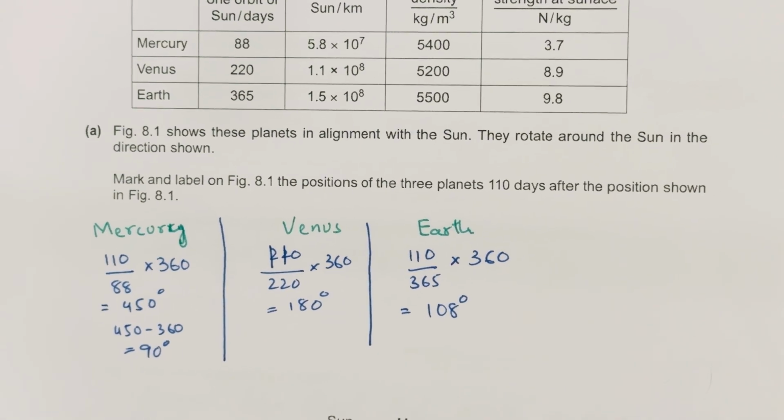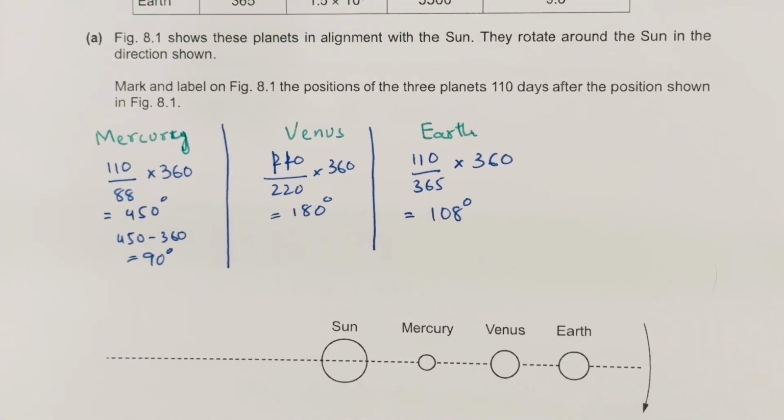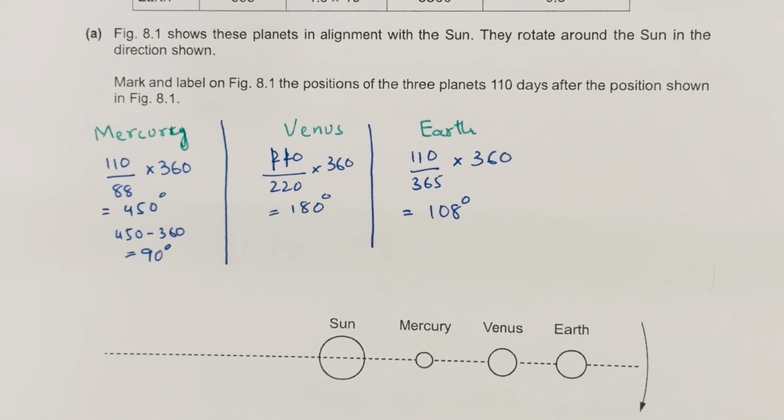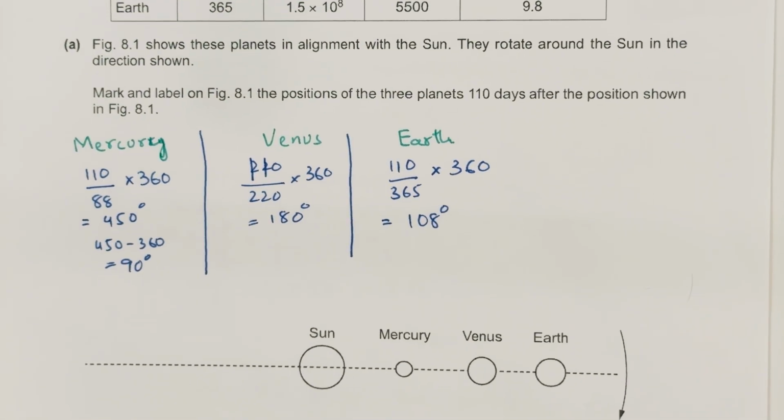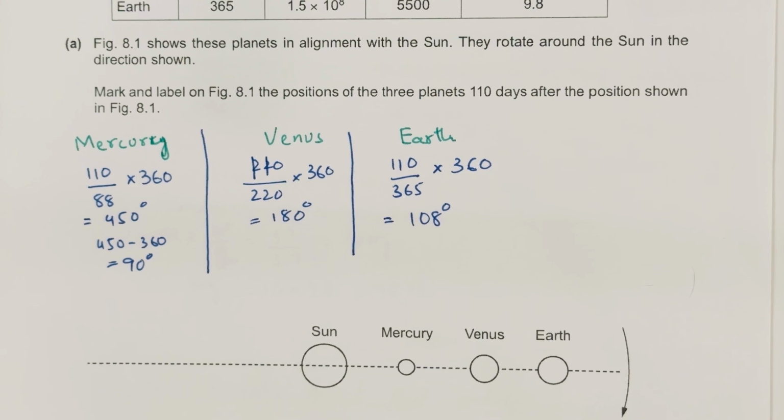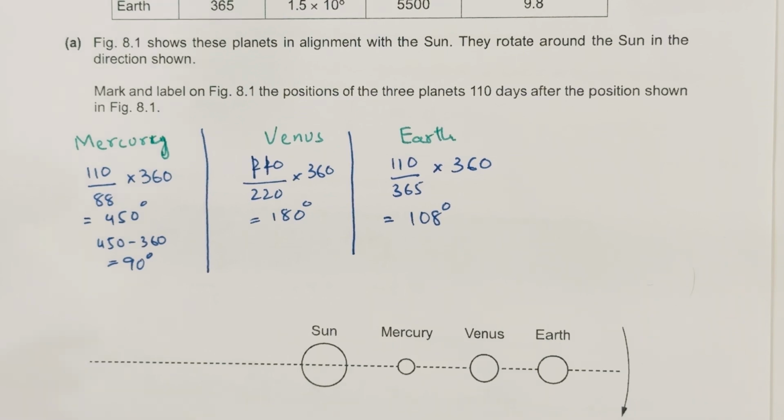Figure 8.1, you can see Figure 8.1 now, shows these planets in alignment with the Sun. They rotate around the Sun in the direction shown. It means they are moving in a clockwise direction. Mark and label on Figure 8.1 the position of the three planets 110 days after the position shown in the figure.